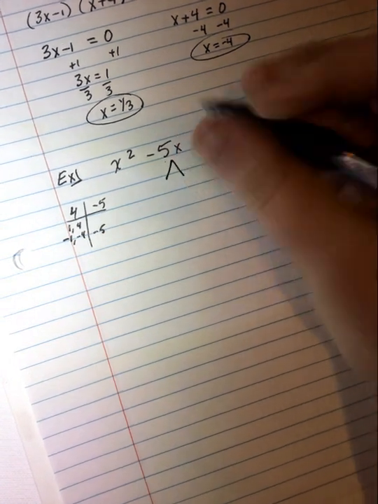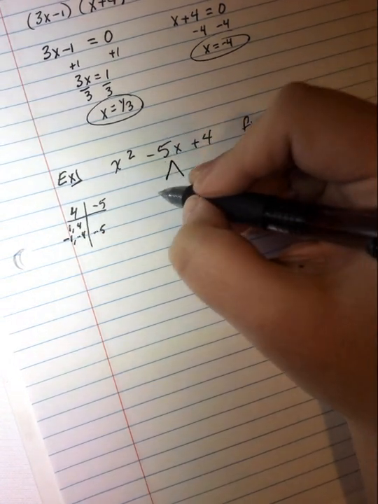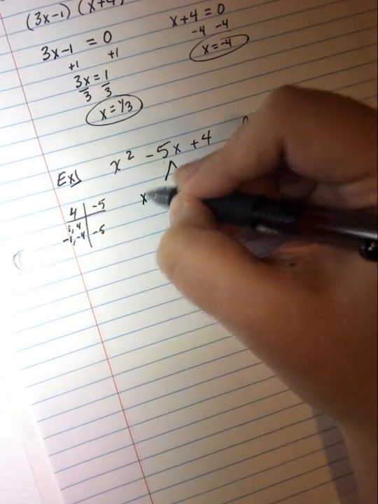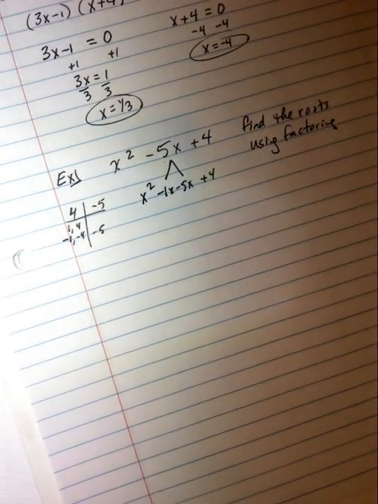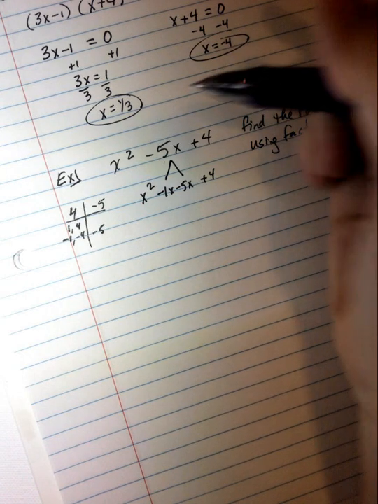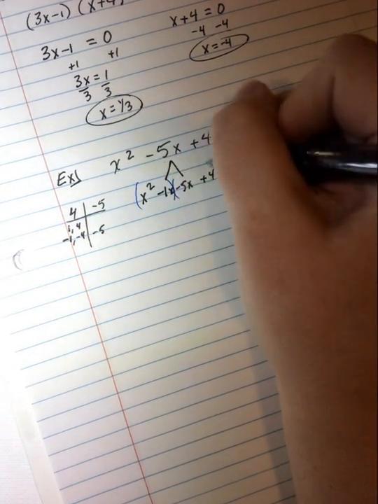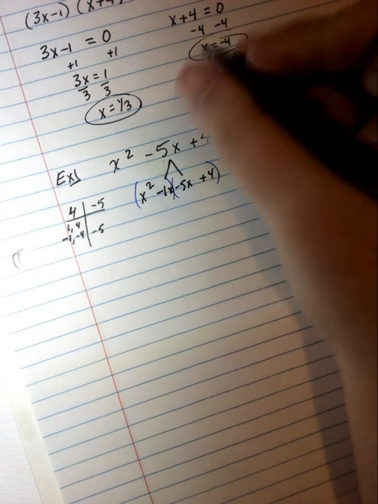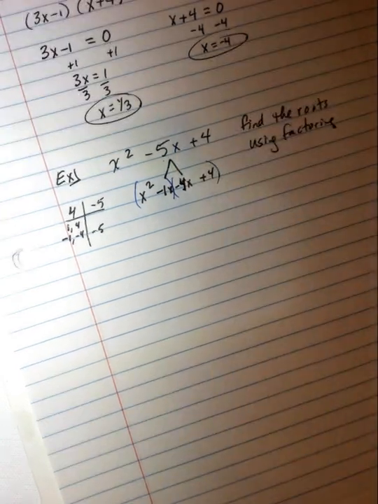Take these two numbers and use it to replace my -5. -1x, -4x. Then group in GCF. We've done this a time or two. This should be a 4. There we go.